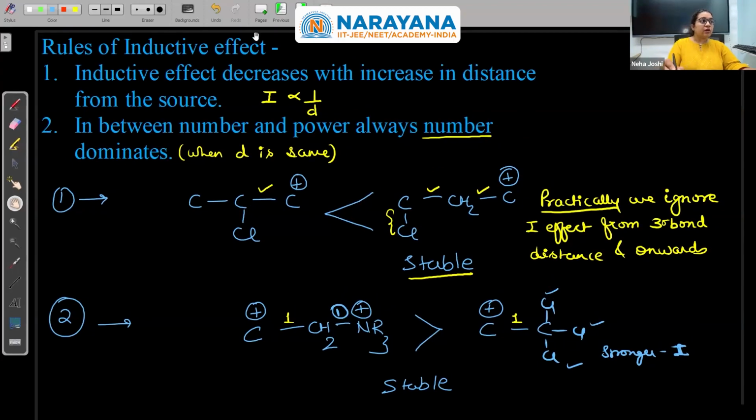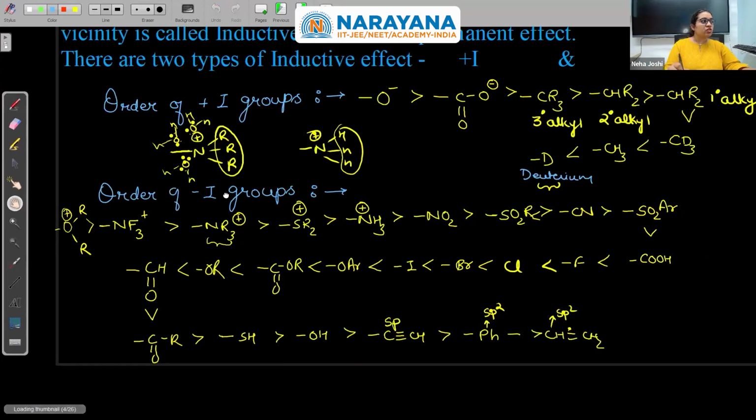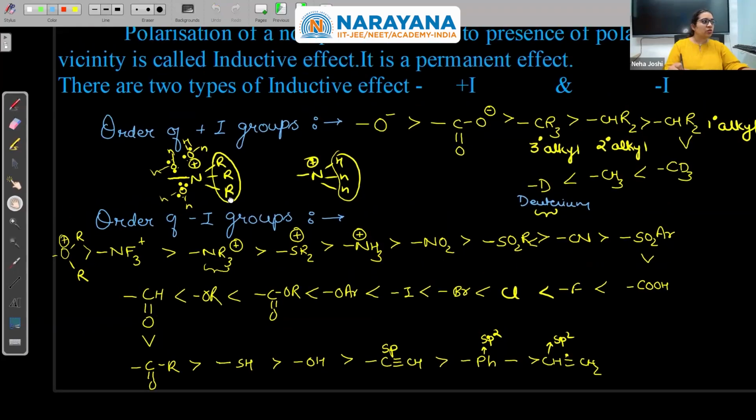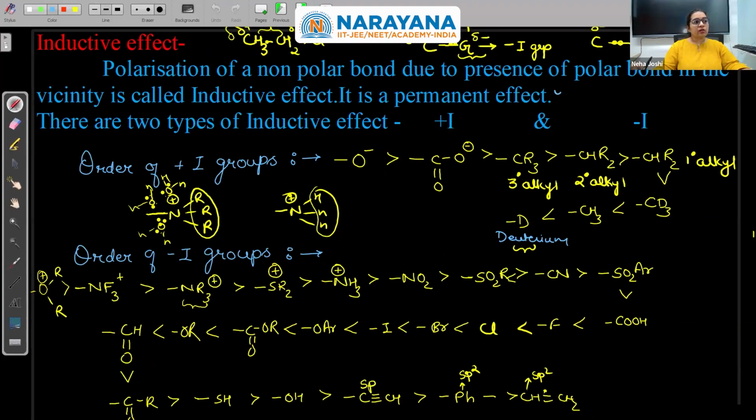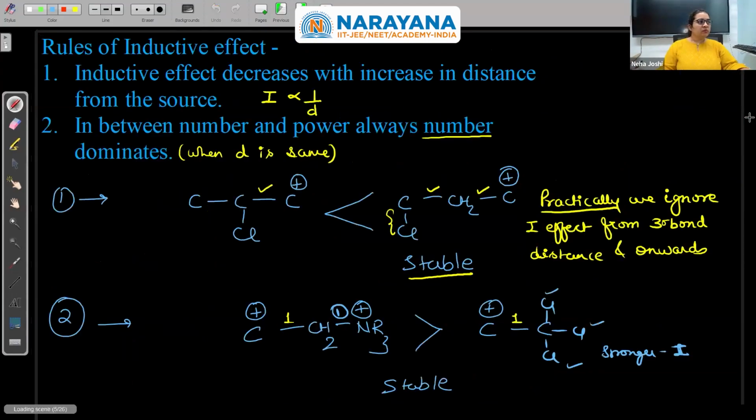And a very important point, definition wise also, you must remember, or I should add, it operates only through sigma bond. Inductive effect does not operate through pi bond. It always operates through sigma bond.